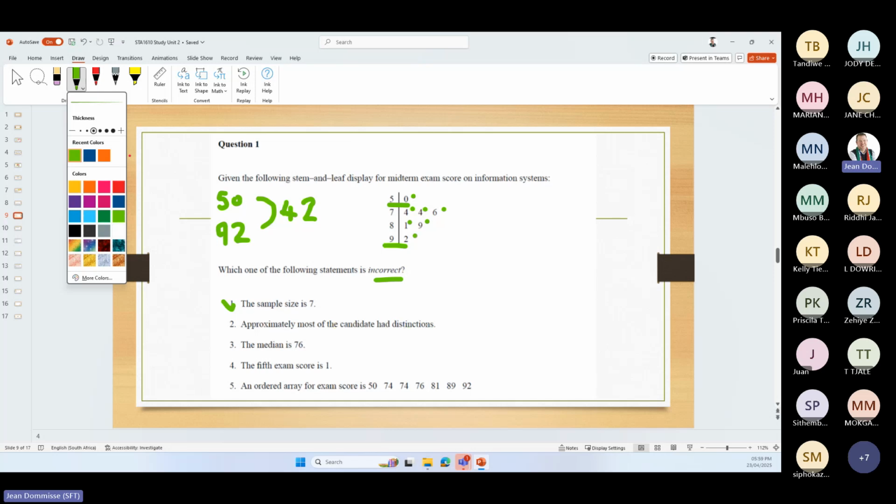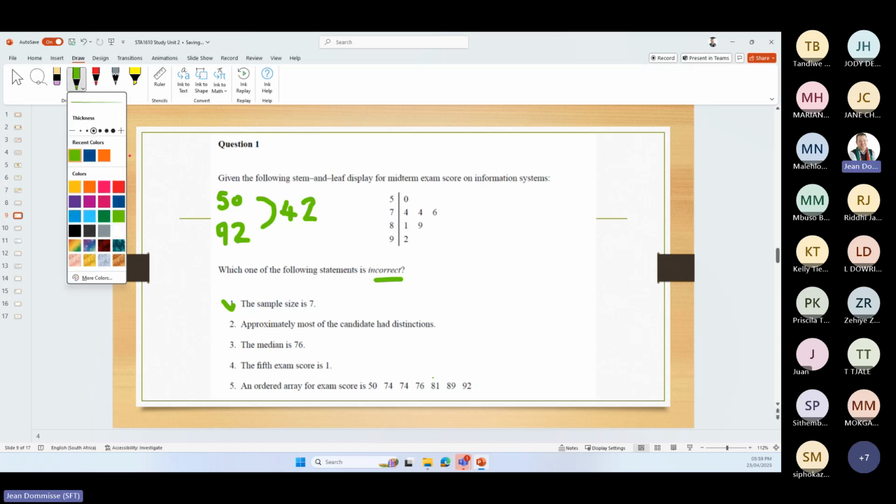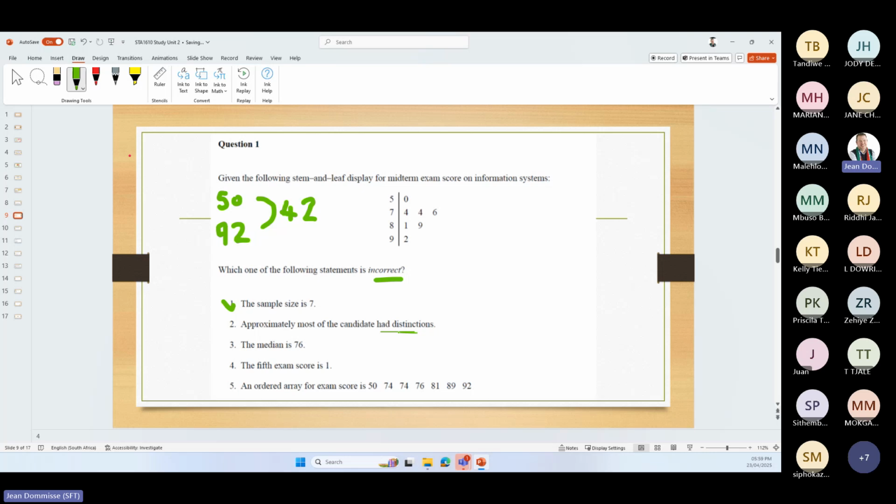Approximately most of the students have distinctions. This question I normally don't like because, firstly, what is a distinction? So normally one would assume, and I think in UNISA it's 75, but again, I want them to tell me what's a distinction, but let's assume it's 75.